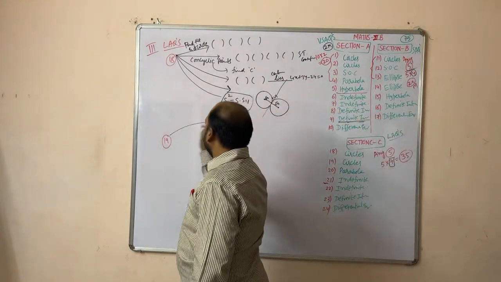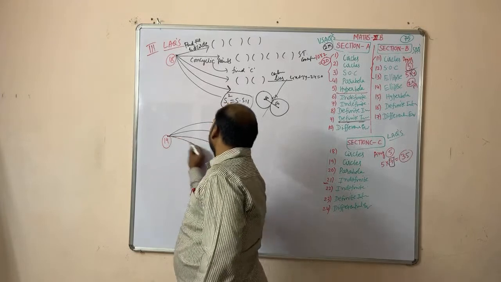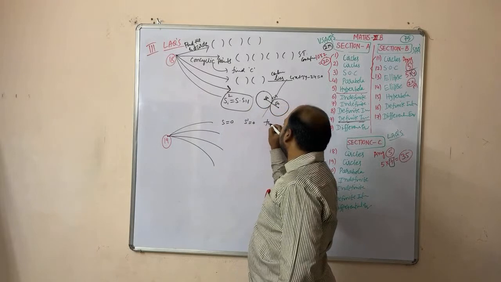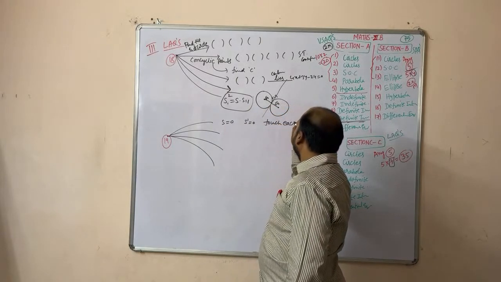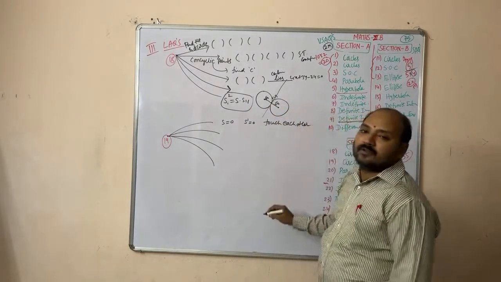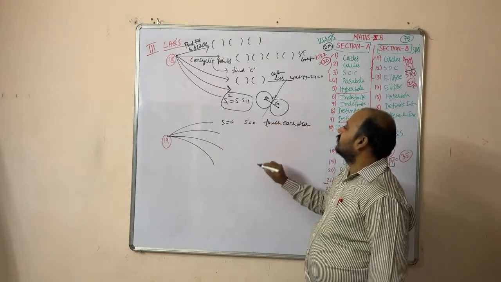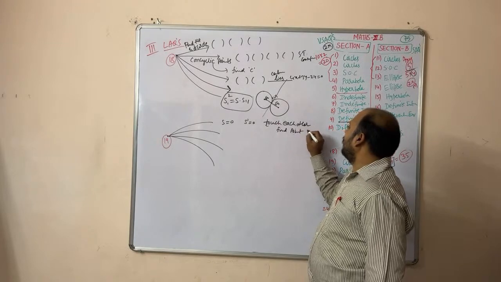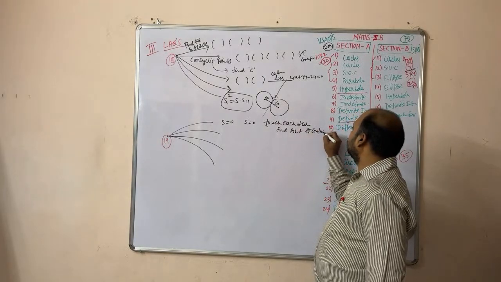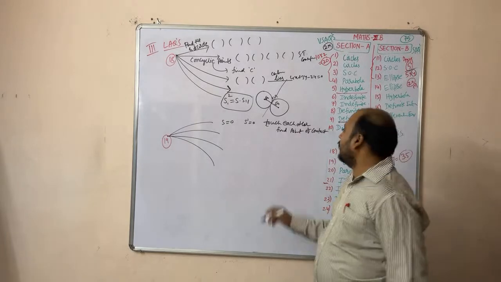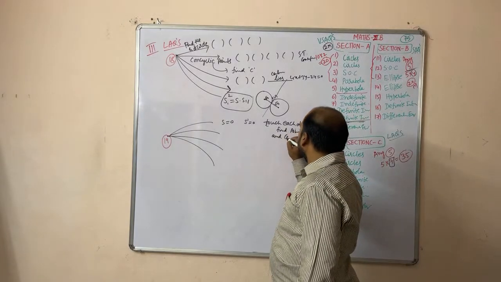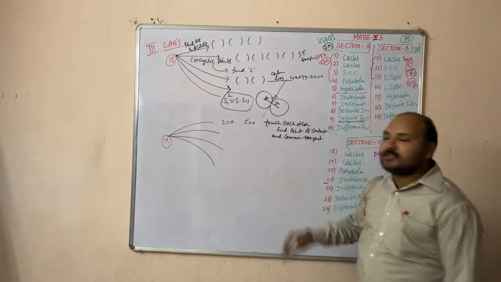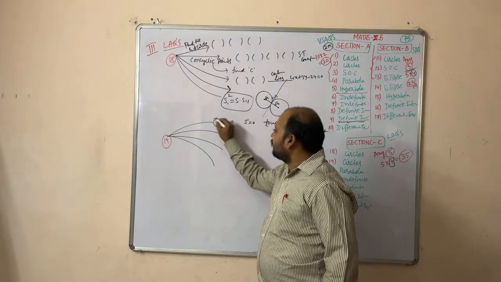Question number 19. They will give 2 circles touching each other. Find point of contact and common tangent. Okay, dear students, this is one possibility.